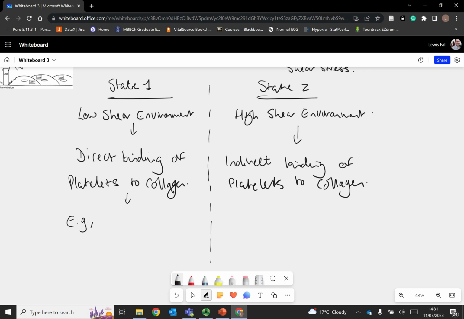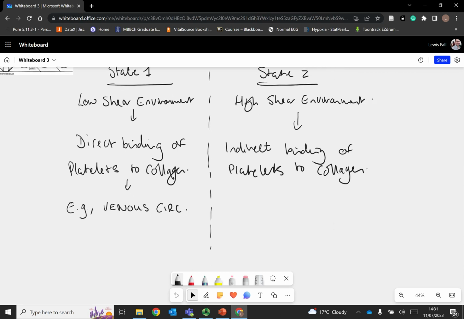So where might blood flow pressure be low? This is the venous circulation. In venous circulation, where the pressure is low, the flow rate is lower, the platelet has time to bind directly to the collagen.